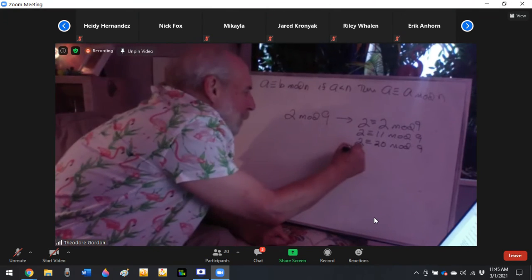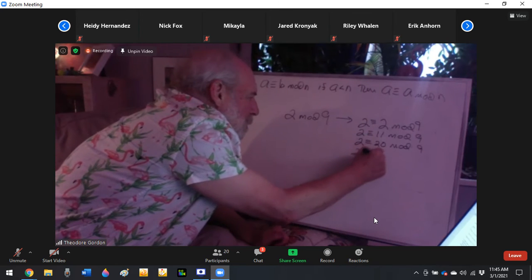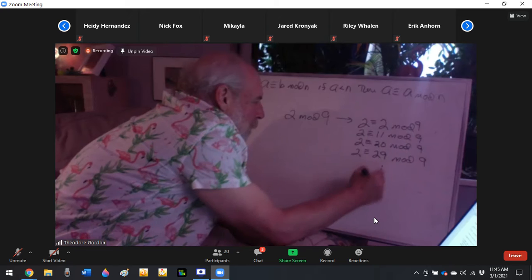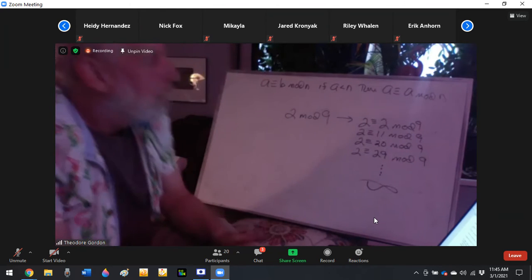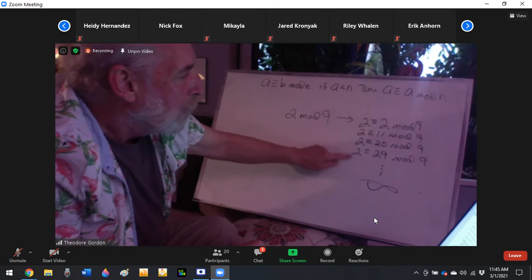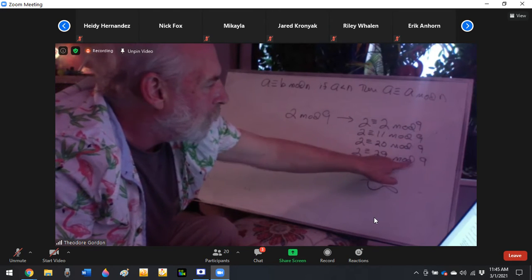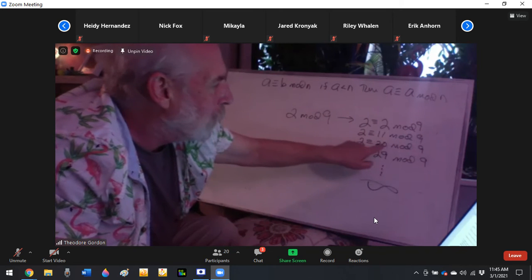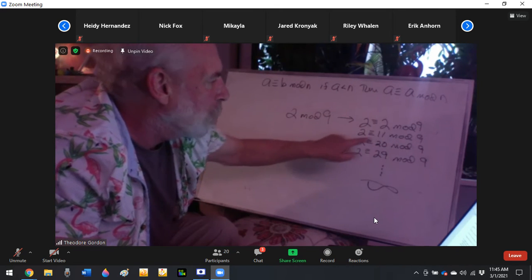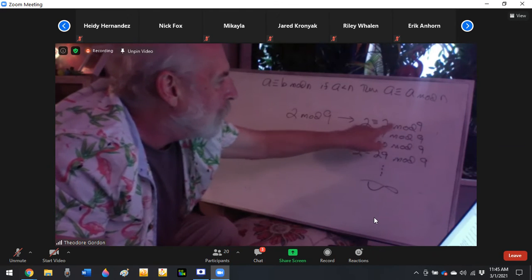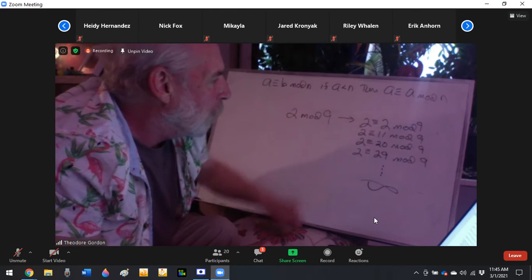But what happens here? So all of these are true, right? 9 goes into 29 3 times, remainder 2. 9 goes into 20 2 times, remainder 2. 9 goes into 11 once, remainder 2. 9 doesn't go into 2, remainder 2.